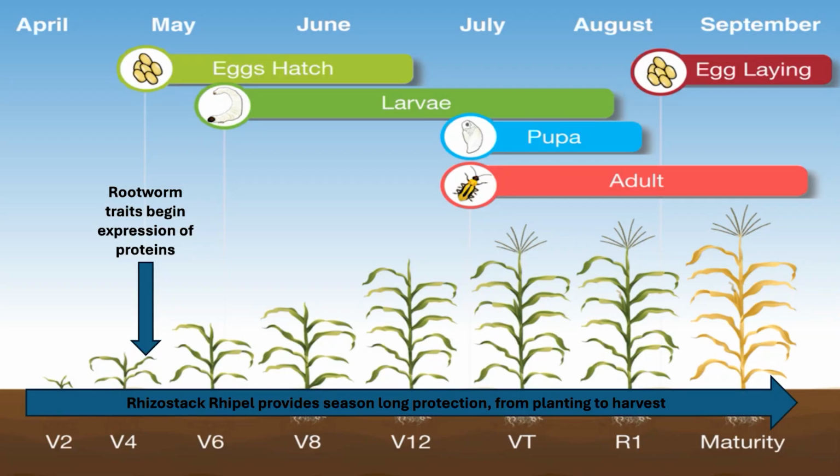They go through their normal processes, and if it's untreated corn, they emerge. We're still going to have some beetles that emerge. So best management practice, if we're spraying a fungicide pass or just trying to manage rootworm, would be going in and bug bombing at that tassel timing to stop the silk clipping, because that's the one thing RhizoStack Rhipel will not have the power to do.